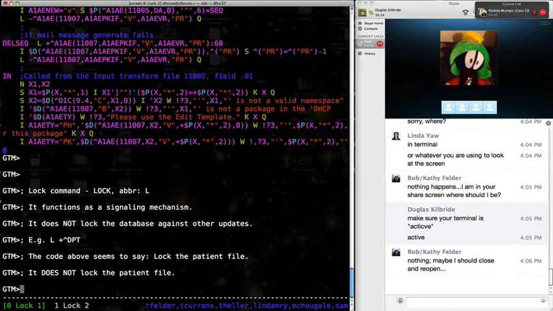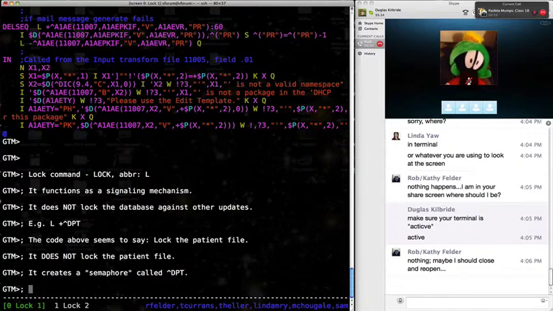What it does instead is it locks and creates a semaphore. I'm not going to try to explain what that exactly means, but let's just say it's a signaling node called up_DPT. Anybody who is also trying to lock up_DPT will fail to lock it.